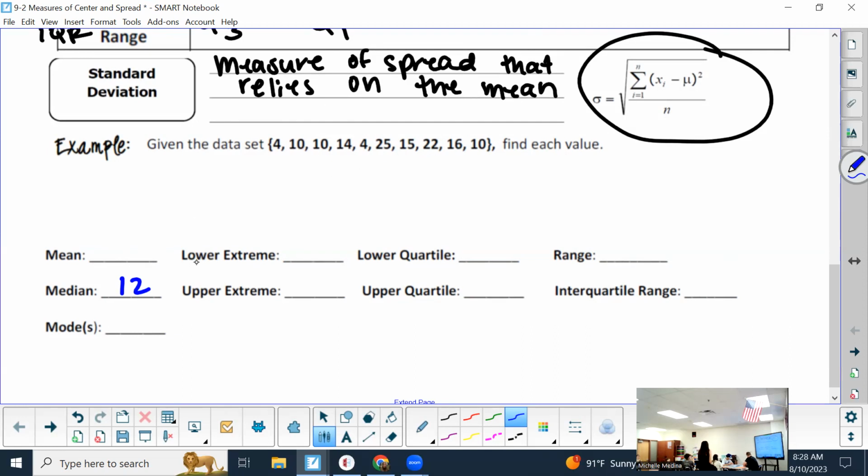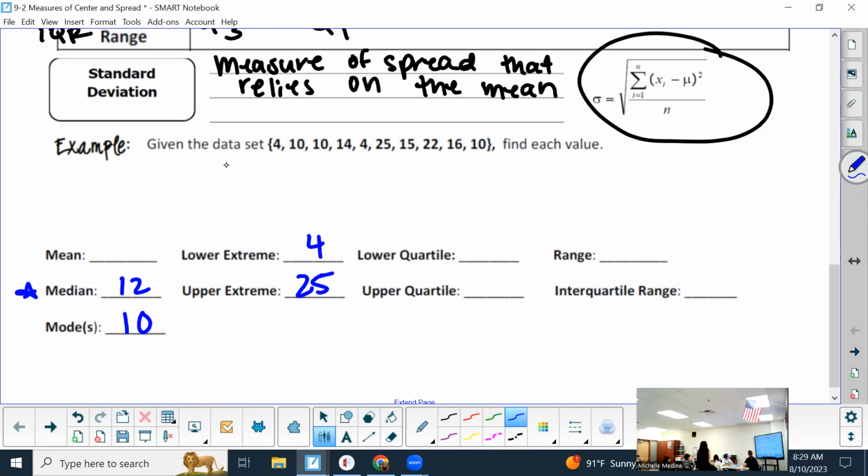Maybe we'll just have to check that. But what did we say the mode was? Okay, yeah, that makes sense. The mode would have to be a number from the data set. Lower extreme was 4, upper was 25, not 10. That was in order. And I think that was as far as we thought I was to go over.